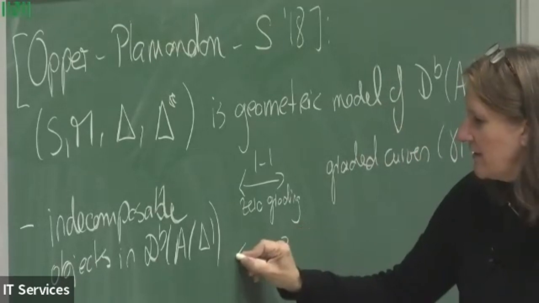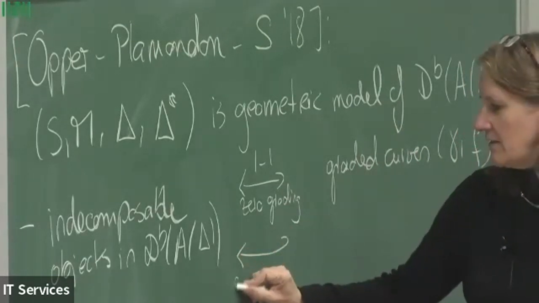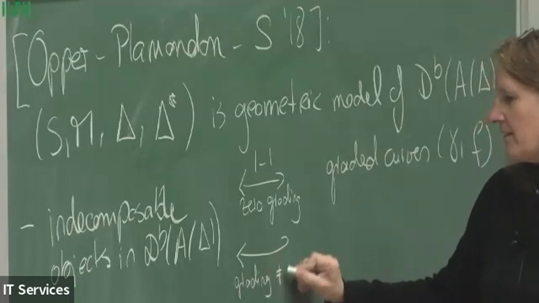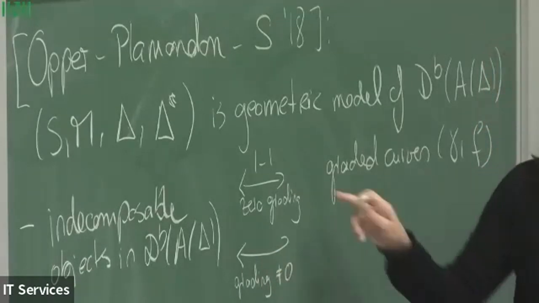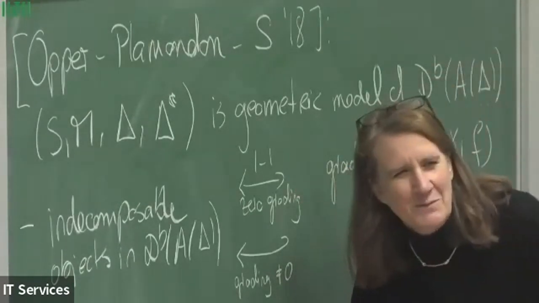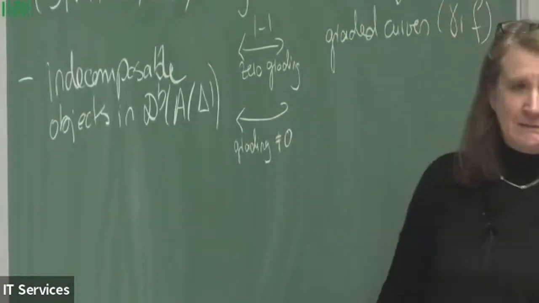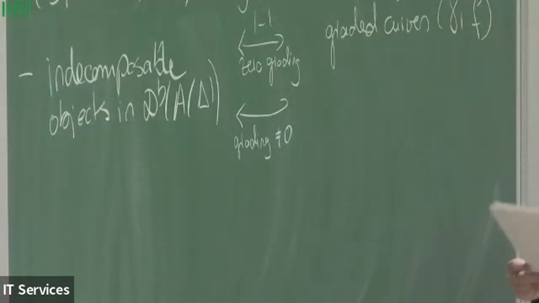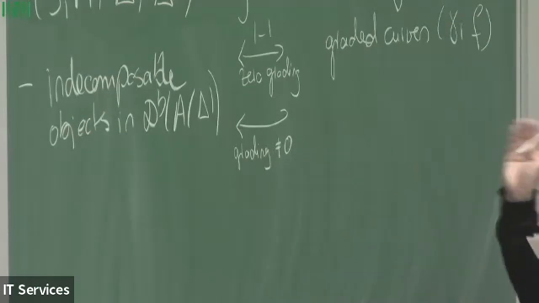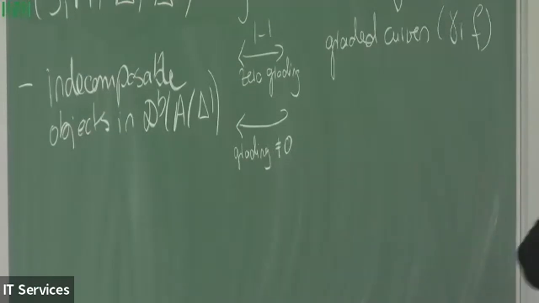If the grading is different from 0, then we only have that all these graded curves give objects, and I think they're all the objects, but in order to classify them, a lot more work is needed, and at the moment nobody has done it. So if you like classifications, here's a job for you.